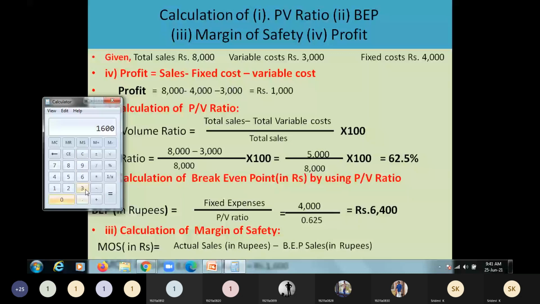You can use that formula also. Profit is equal to margin of safety in rupees multiplied by PV ratio.